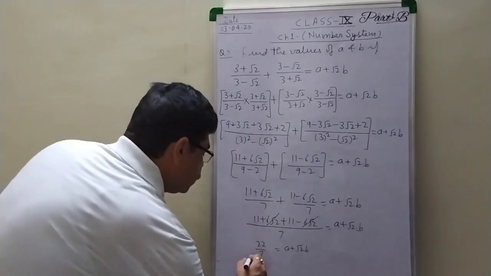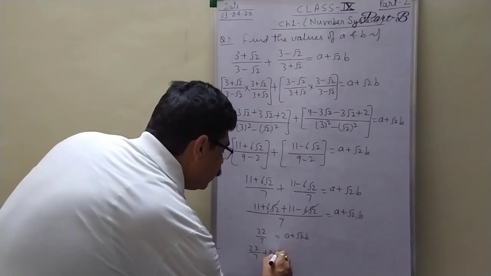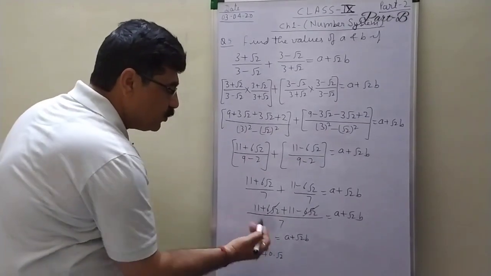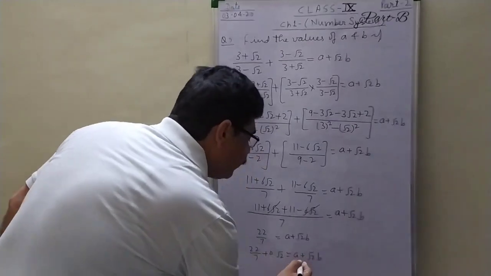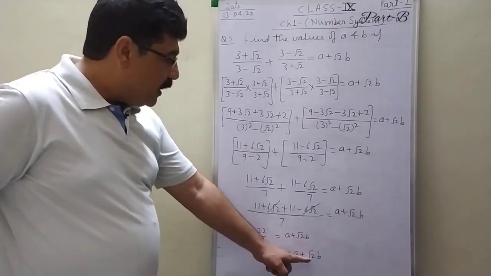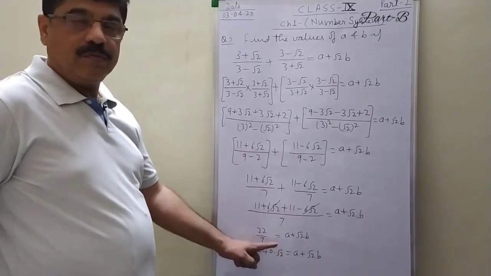Or we can write 22 upon 7 plus 0 into root 2, because 0 into root 2 is also 0. Because on the right side we have the value of root 2B, so we have to write the same value, root 2.